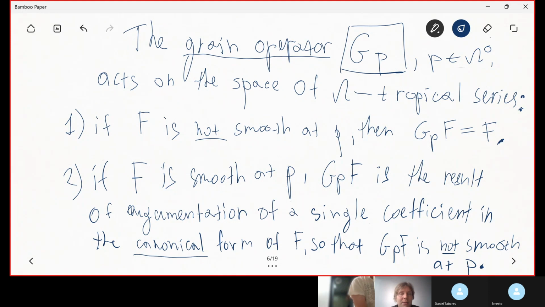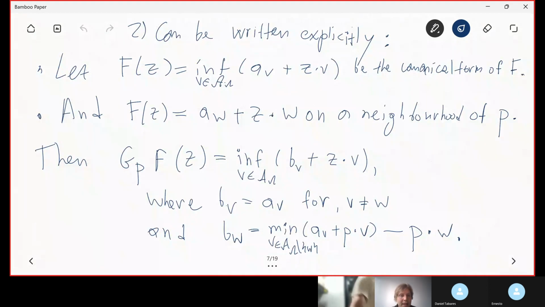That's right. But this is very inexplicit, so it doesn't tell you how to compute it. And what I say now is very explicit, and that's what you see in the following slide.